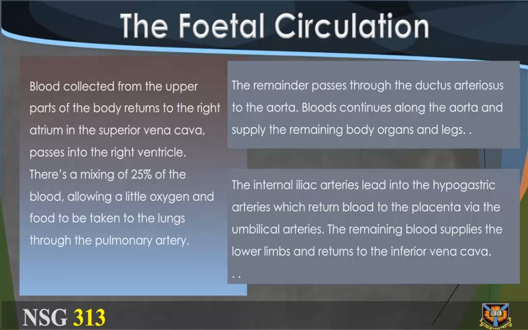The remainder passes through the ductus arteriosus to the aorta. Blood continues along the aorta and supplies the remaining body organs and legs. The internal iliac arteries lead into the hypogastric arteries, which return blood to the placenta via the umbilical arteries. The remaining blood supplies the lower limbs and returns to the inferior vena cava.